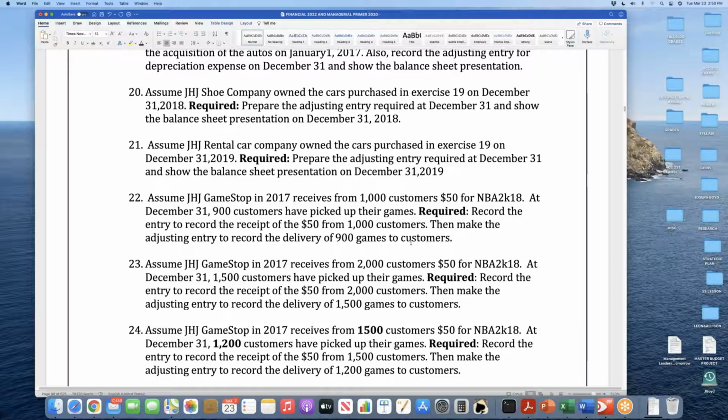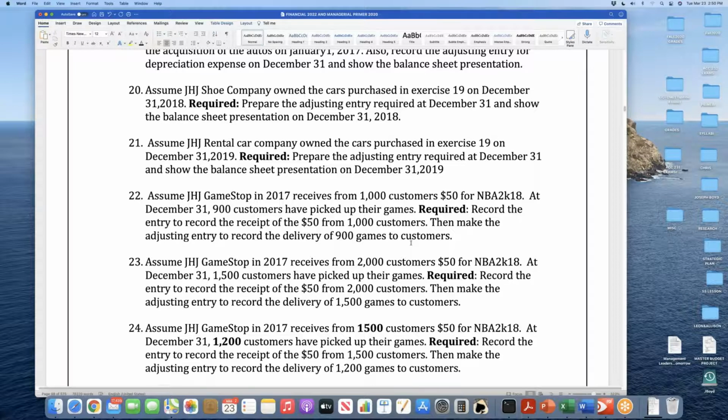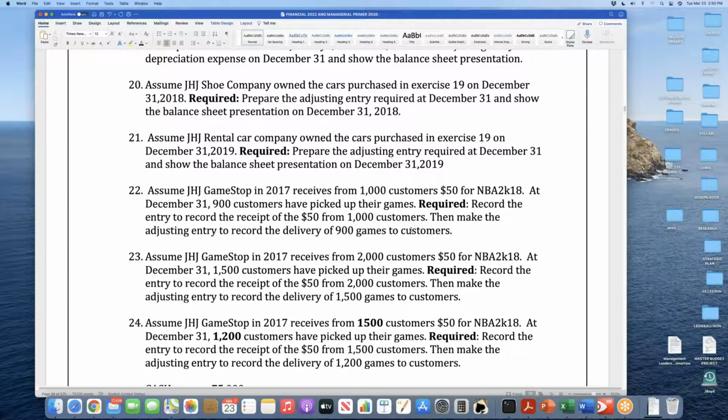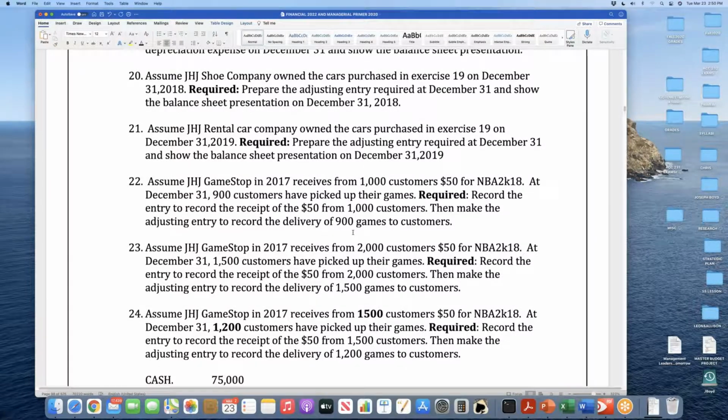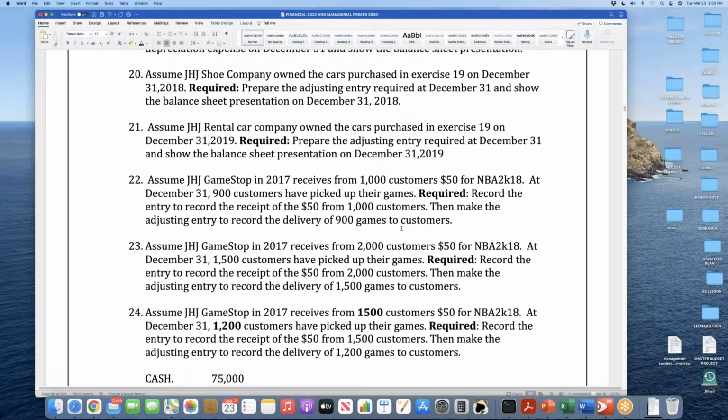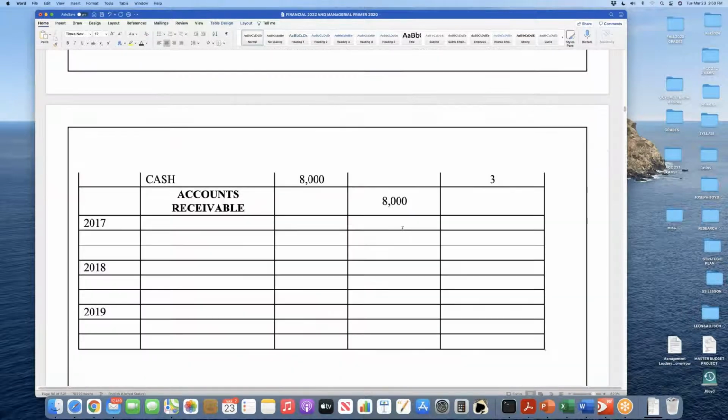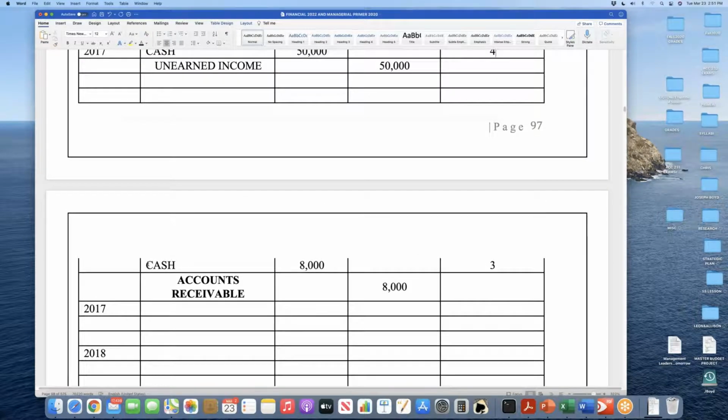They may move out of state. Various things can happen. They may forget about it. They may become ill or something. So in this case, 900 customers picked up the games.